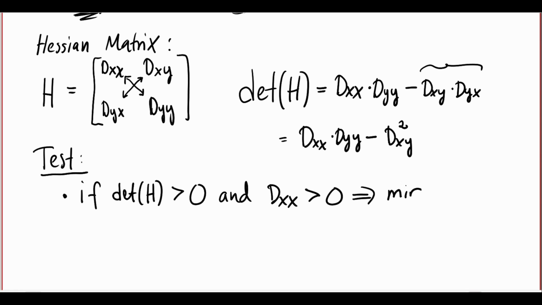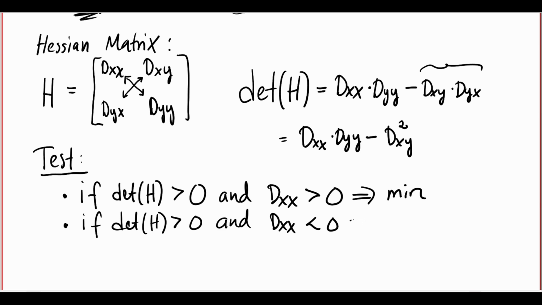I write it min. And if the determinant of the Hessian matrix is larger than 0 and dxx is smaller than 0, then we have a maximum point. But if the determinant of this Hessian matrix is smaller than 0, then we have a saddle point.